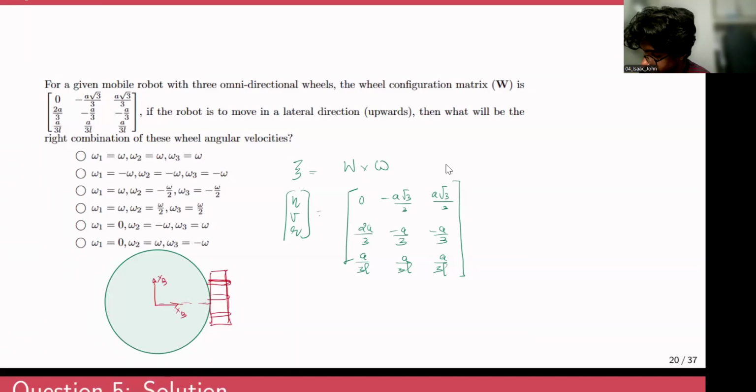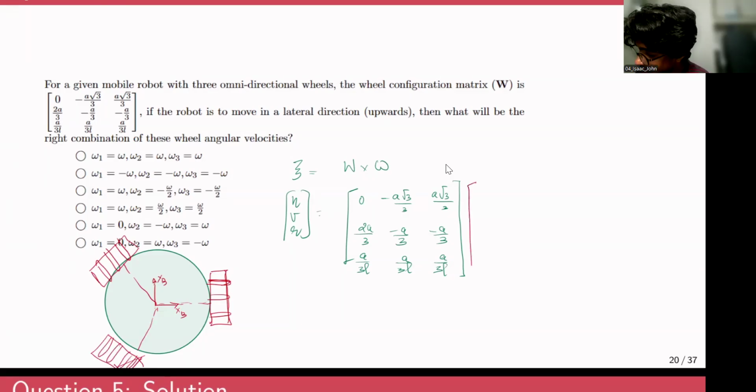And the second wheel at 120 degrees like so. Again, you have the passive rollers. And the third wheel will be like so. You have the passive rollers like this.